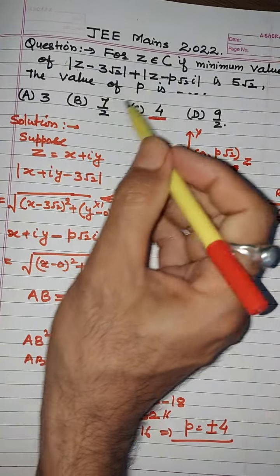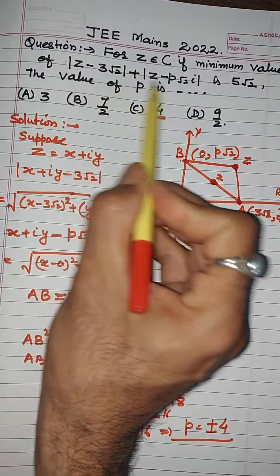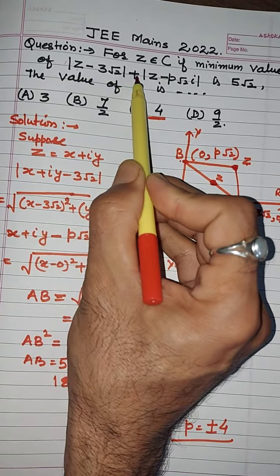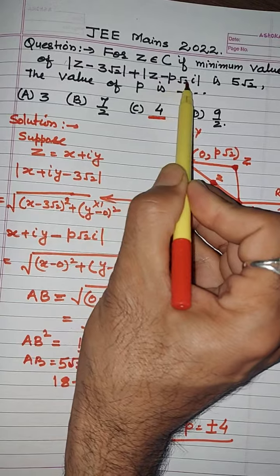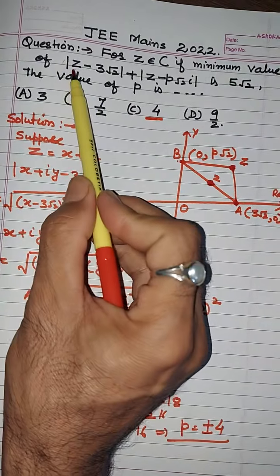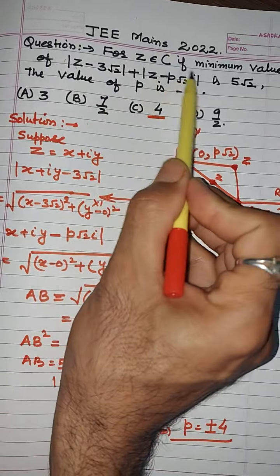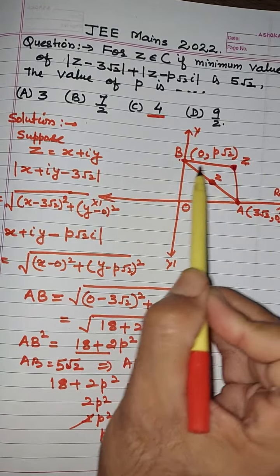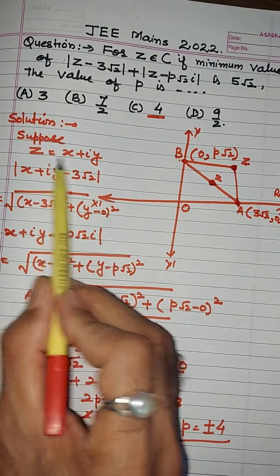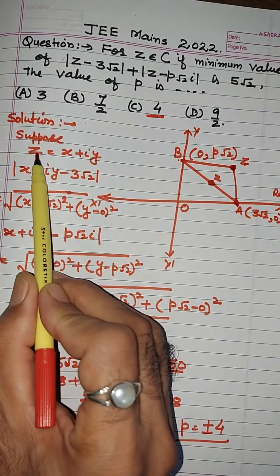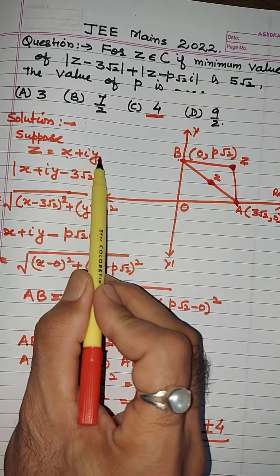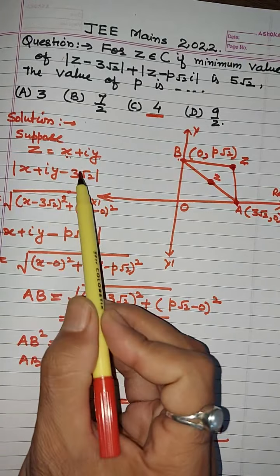So in this question, we must understand geometrically what this modulus of z minus 3 root 2 plus modulus of z minus p root 2 iota is. Geometrically we have seen that this is the sum of the distances of the complex number z from the points A and B. This can be understood by assuming the complex number as x plus iota y, where x, y are real numbers.